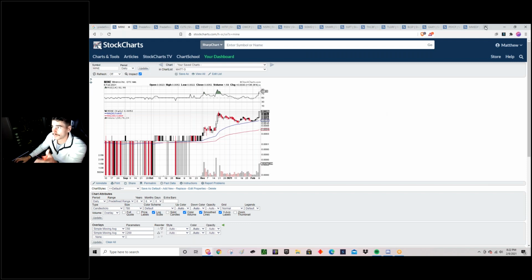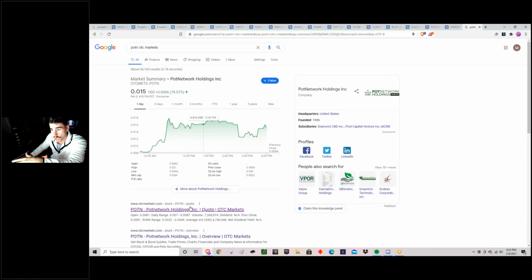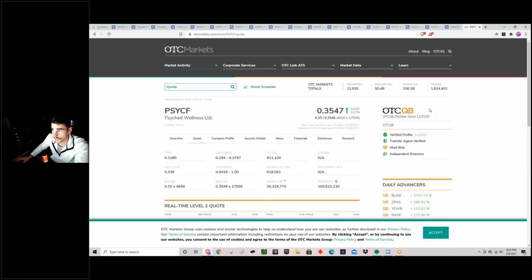But that's probably going to happen on companies that look like this on OTC Markets, with this right here, the caveat emptor. If they've got that skull and crossbones, they're much more likely. So you should always be checking on OTC Markets. If you have something like this, where you've got OTC QB, OTC QB means they're totally up to date on their filings, that the SEC is good with these companies.